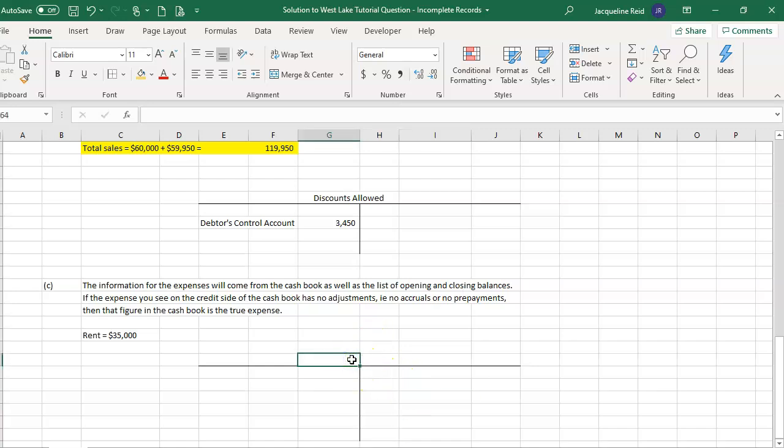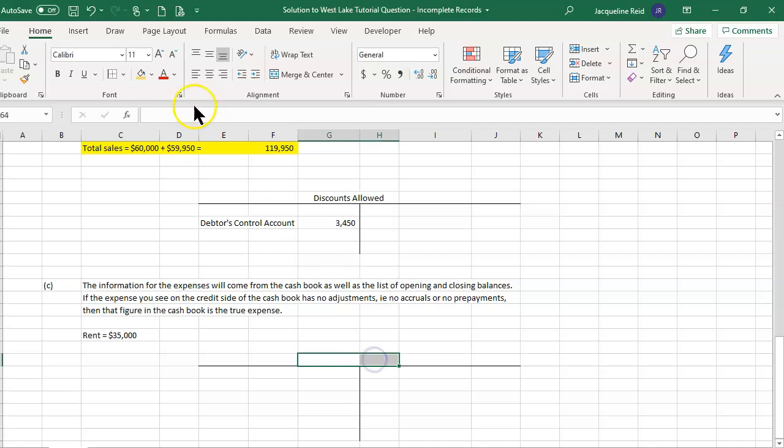Now, what I'm putting up here is a template that you can use for any expense to determine what the true figure for expense is that is going to go into the trial balance to work out net profits or losses.